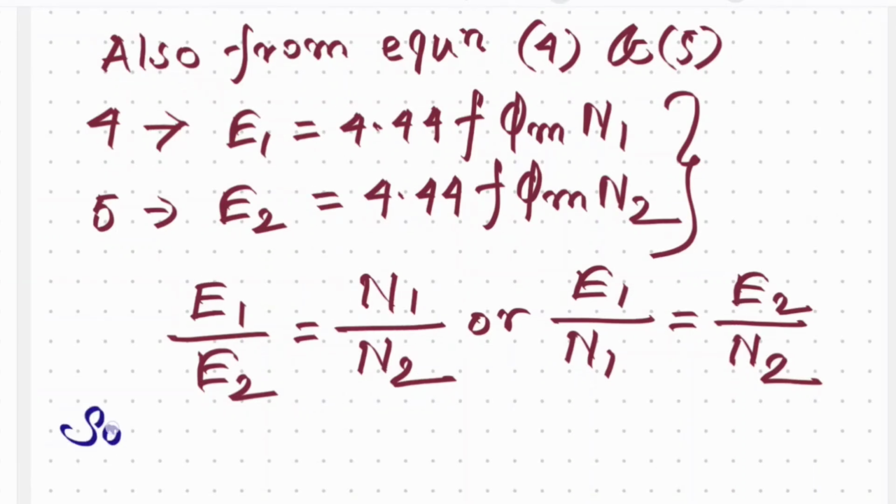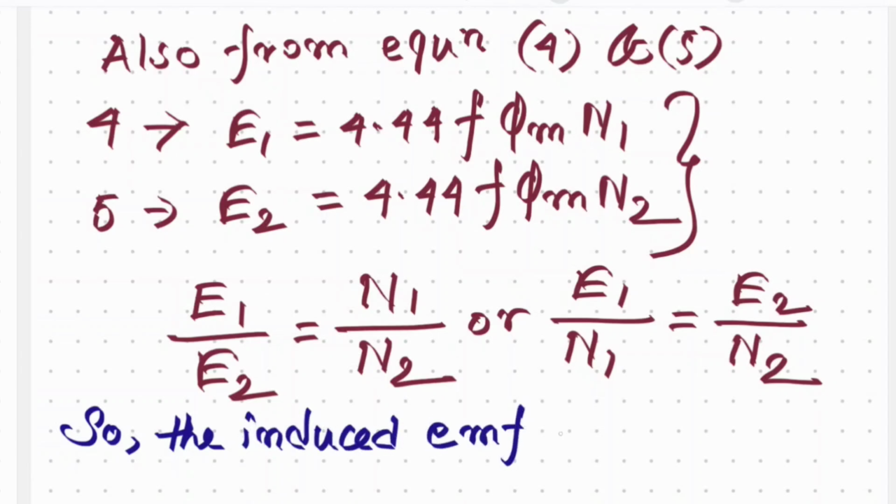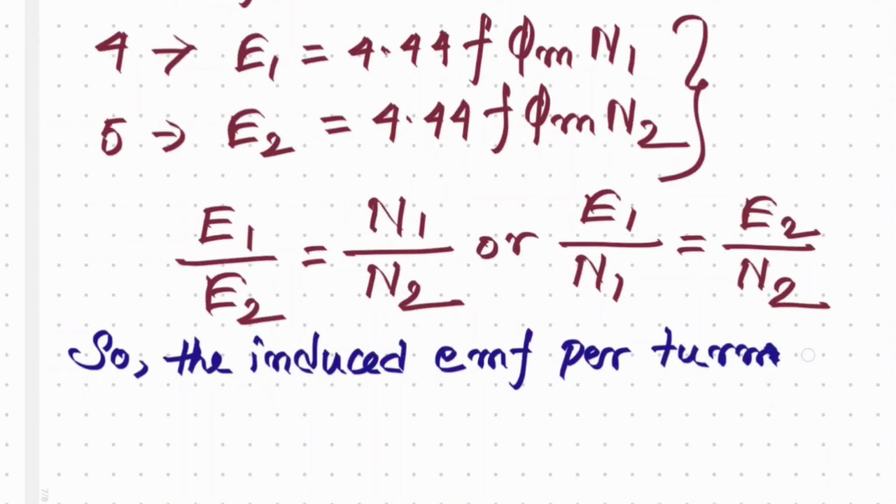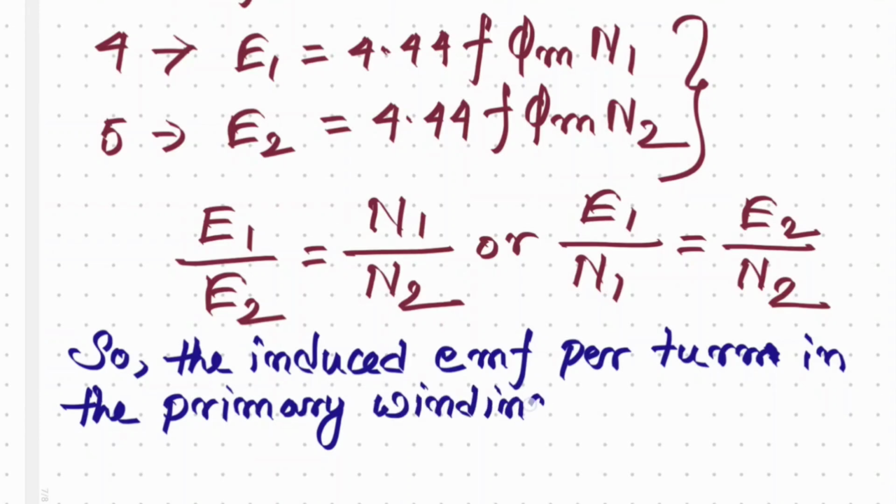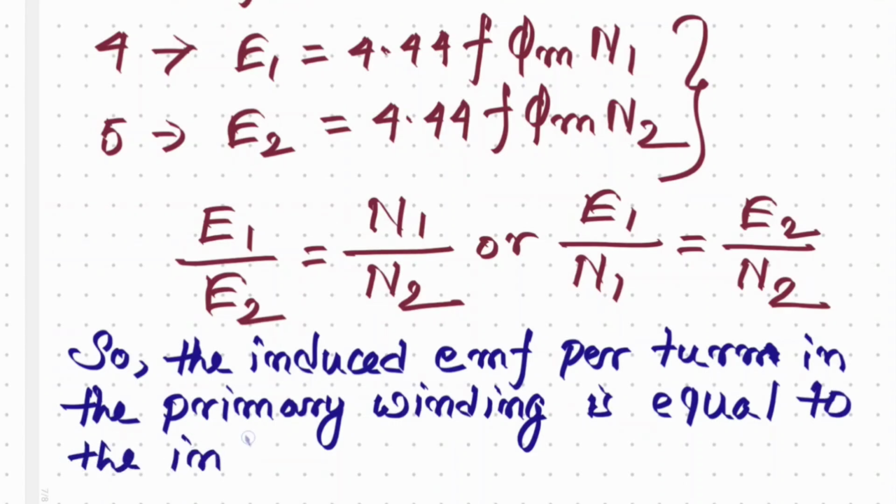So we can write the induced EMF per turn in the primary winding is equal to the induced EMF per turn in the secondary winding.